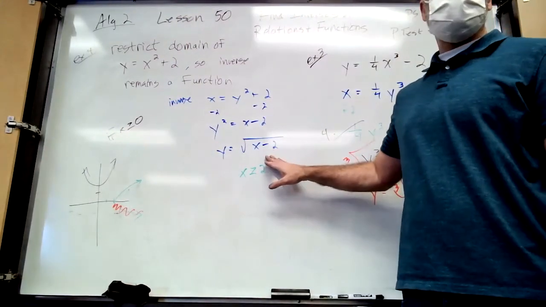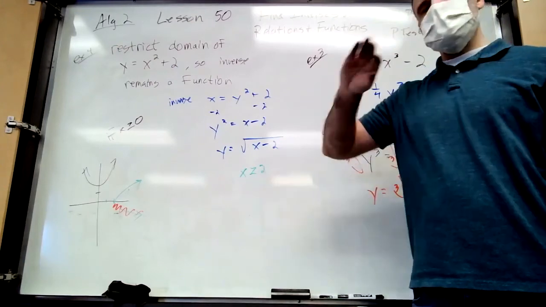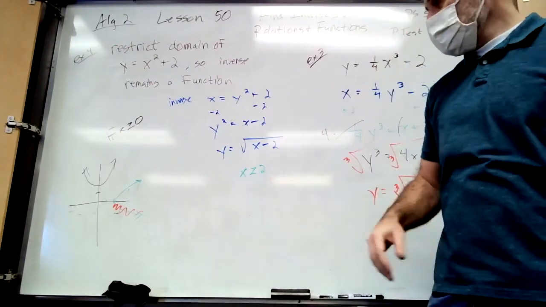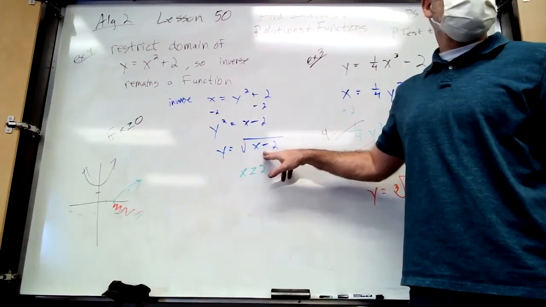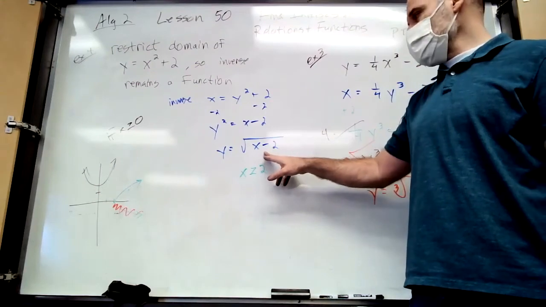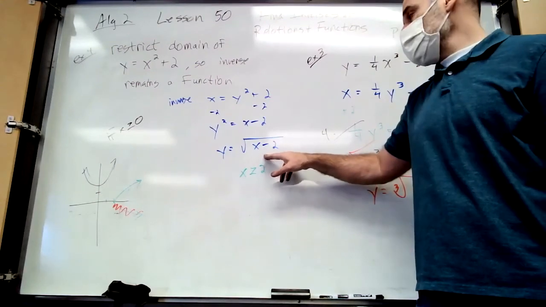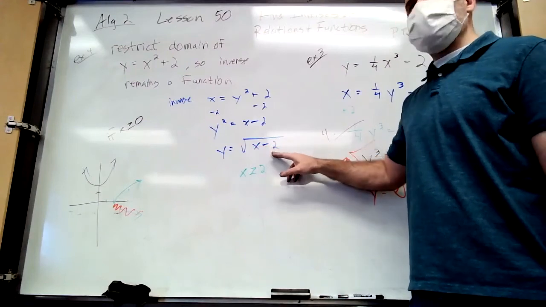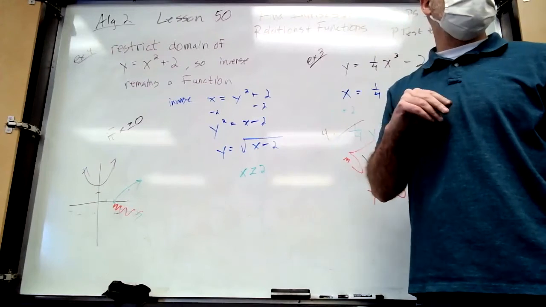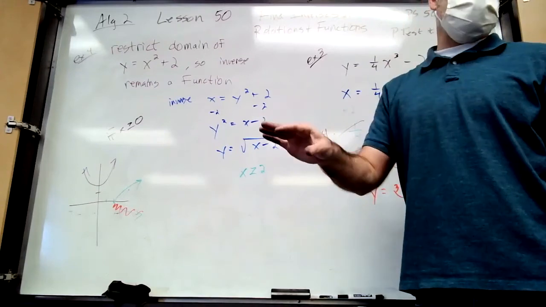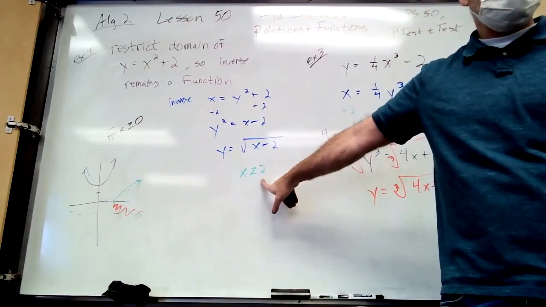If you just work out the inverse function, switch the x and y, solve for y, and then see what will break it. We did this in Algebra 1 towards the end of the year: you can't take the square root of a negative number. So what x will make that negative? Anything less than 2. That's what we don't want. So we have to pick values that are greater than or equal to 2.